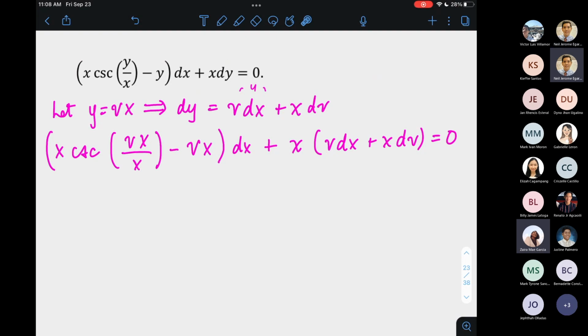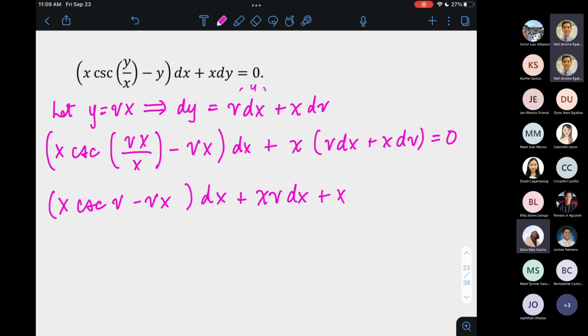Okay? So at this point, we can expand and collect all those with dv's and those without. So, pwede ko muna pala itong i-simplify. So, I will have x cosecant v minus vx. Lahat na sila ay may dx. Plus, expand ko yung kabilang group. So, it's gonna be xv dx plus x squared dv equal kay 0.